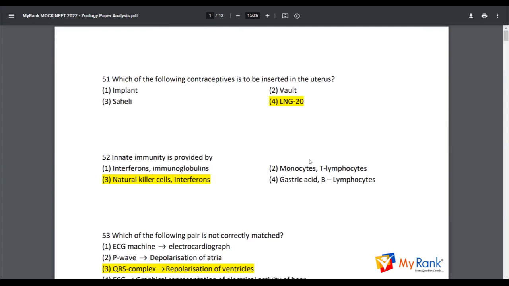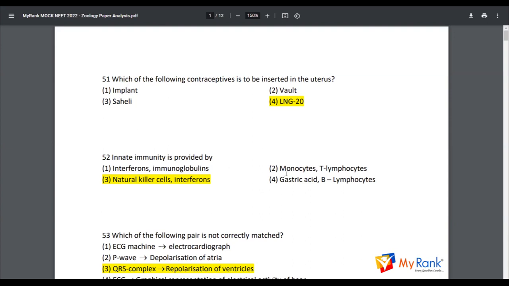Then the next question: innate immunity is provided by. So when we mean innate immunity, it means we want something that deals with non-specific immunity. Now checking the options. Immunoglobulins and interferons as the first option: here we need specificity, we need triggering of cell-mediated immunity.